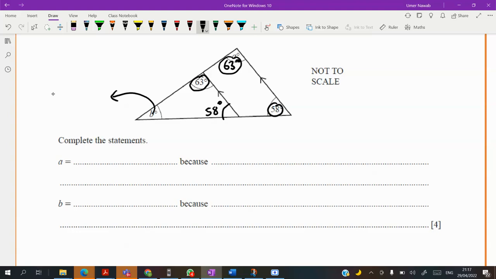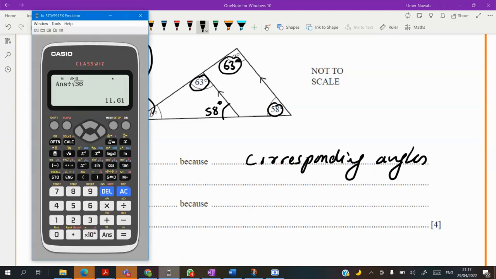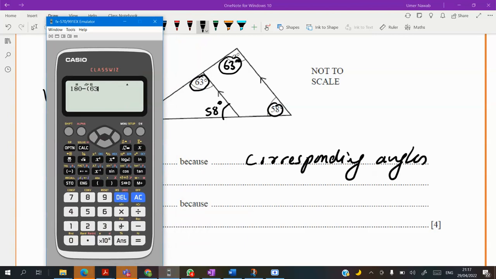We can easily write B, which is 180 degrees minus 63 plus 58, and then we can get the angles. So B is corresponding angles, and A was 63. 180 minus bracket open 63 plus 58 will give us 59.